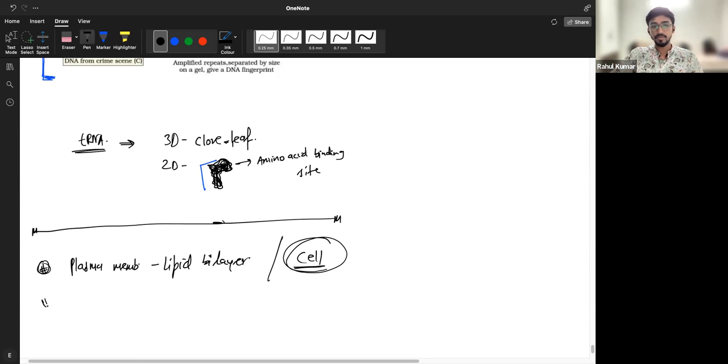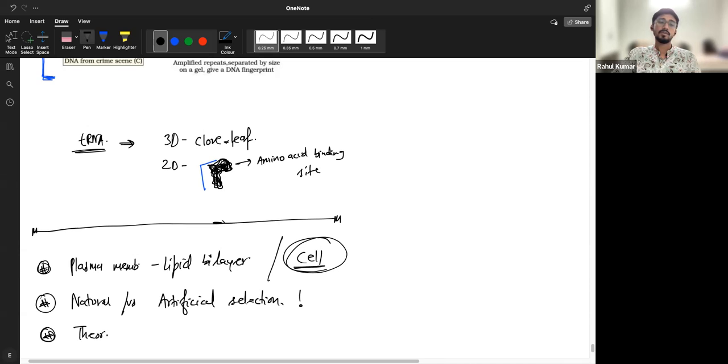Second thing that you have to brush up is natural versus artificial selection. What do we mean by natural selection and artificial selection? And the third thing that you have to find out and read from your NCERT is the theory of chemical evolution.